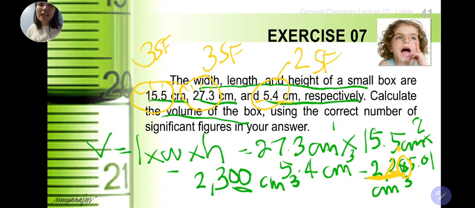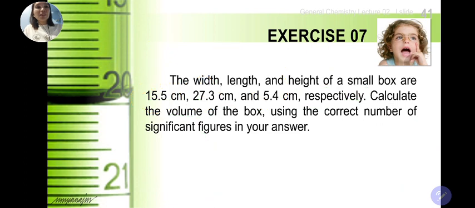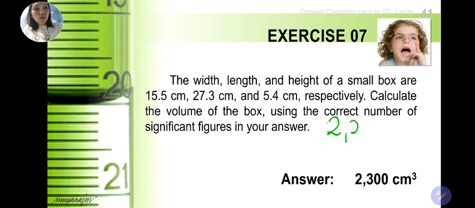That's why we only have 2 significant figures in our answer. So let's see if our answer is correct. Our answer earlier, 2,285.01 cm cube, was converted to only 2 significant figures.